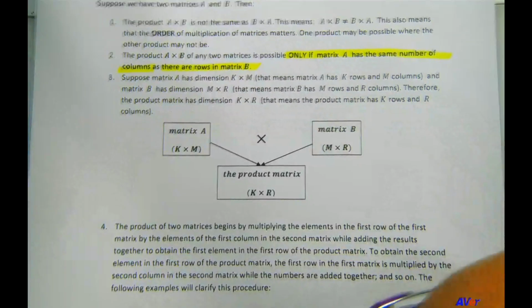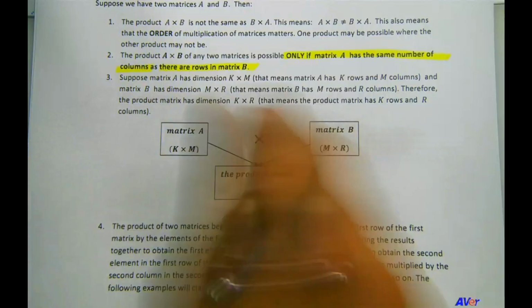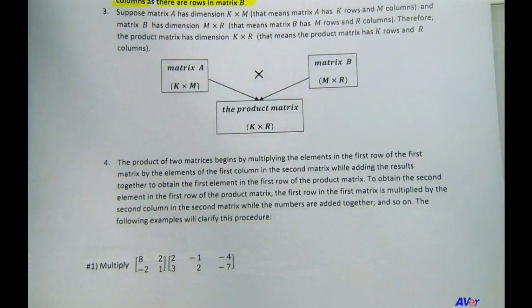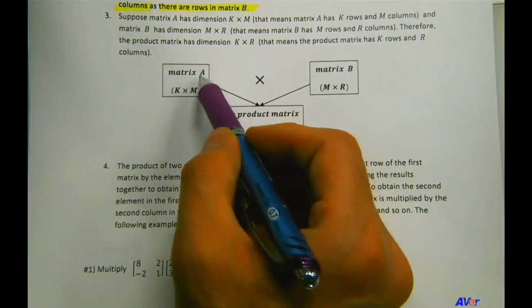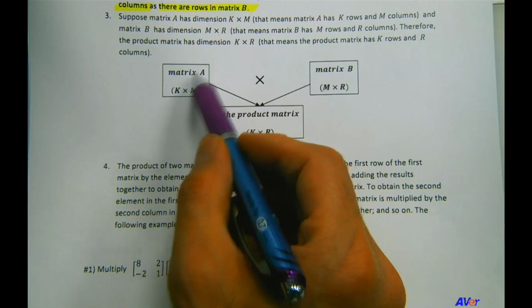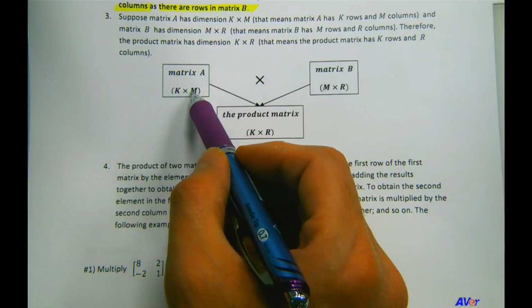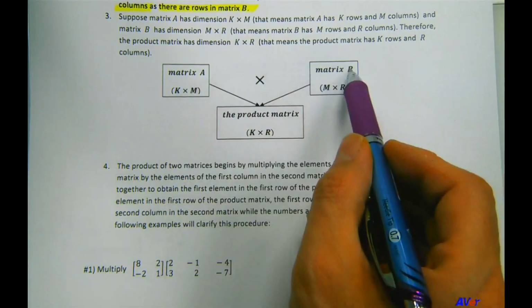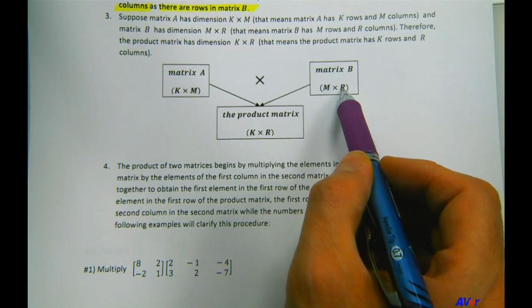I've explained it under number 3 in words, and this diagram is showing what is mentioned in that paragraph above it. So matrix A is k times m, right? So matrix A has k rows and m columns. Matrix B has m rows and r columns.